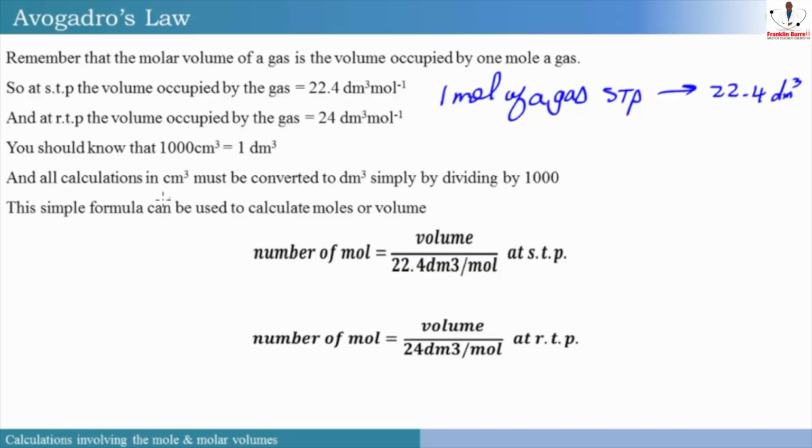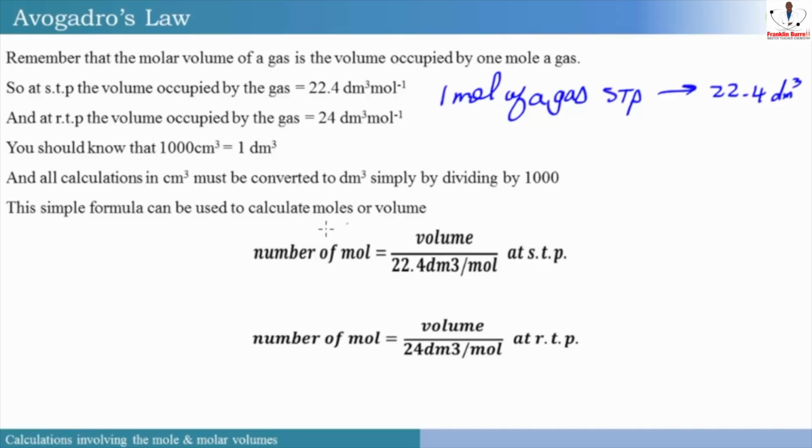This volume must be converted to dm cube, and we do so by simply dividing the cm cube value by 1,000. So all calculations involving mole concept will be done in dm cube. So remember to convert your centimeter cube into dm cube.